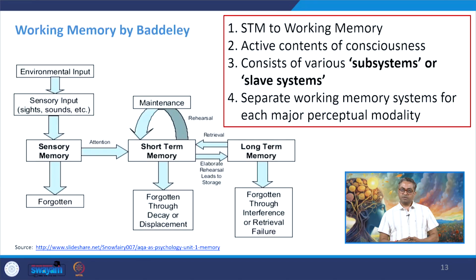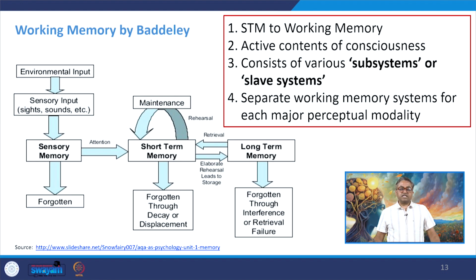In addition, we also studied the magic number 7 plus minus 2, George Sperling's classical experiment and George Miller's detailed experiment. We even studied chunks, how chunking helps us remember a large amount of information and its transference into our long term memory.